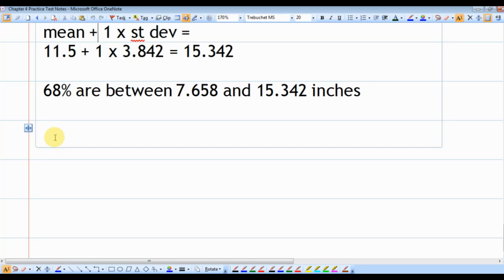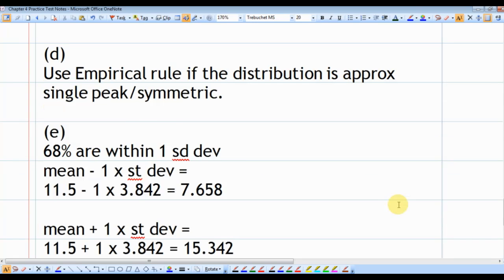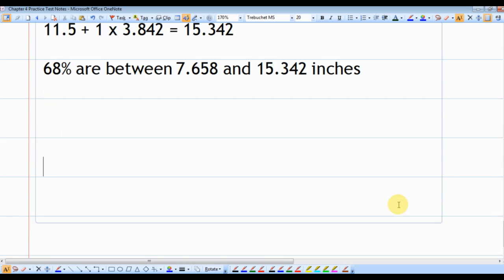Okay, everyone. So we're going to start off by finishing free response 2. And I think before we finish that off, what I would like to do is take another look at letter E with one standard deviation. And this time when I do it, I'd like to actually look at the curve.